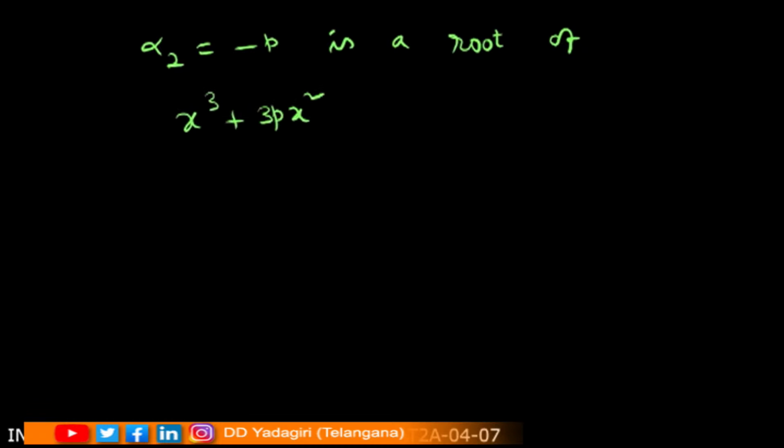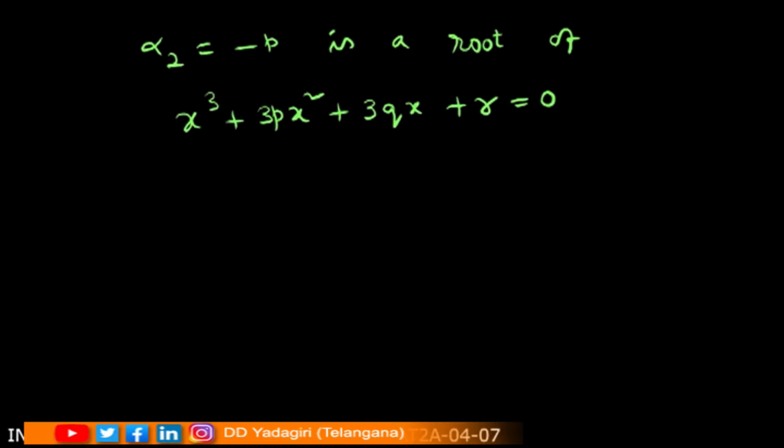So alpha 2 is equal to minus p is a root of x cube plus 3p x square plus 3qx plus r is equal to 0. Is it not? Because this is a root, it has to satisfy this equation.